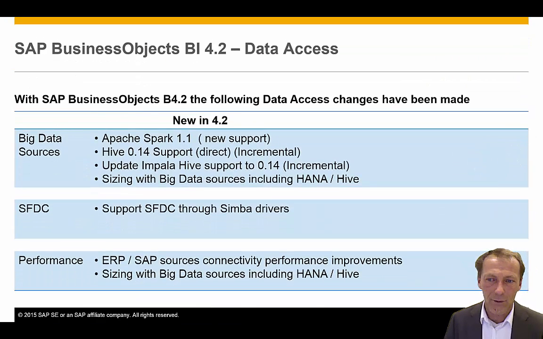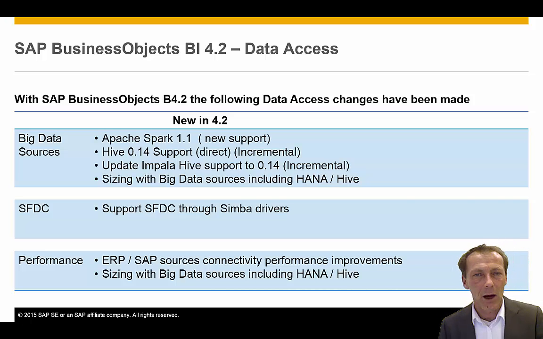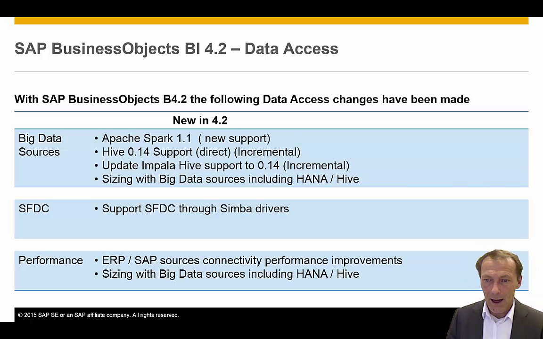Apache Spark, again, the BI platform is now brought in sync with also the Lumira capabilities. Apache Spark 1.1 supported, opens the door to big data browsing and analysis. Same goes for Hive and an update on Impala Hive.